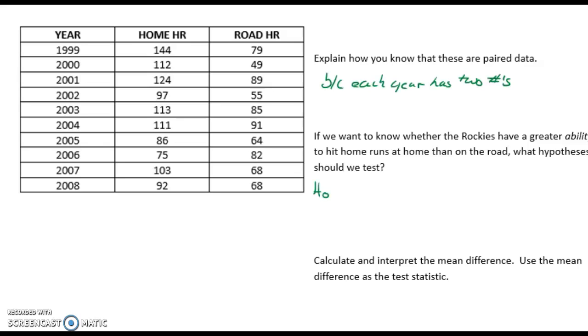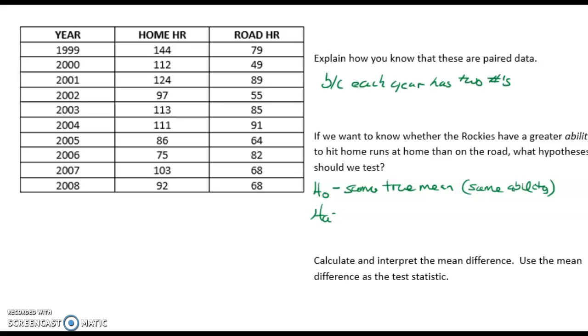So let's go back to the null and the alternative. For the null, you would be wanting to say something like they have the same true mean, or basically the same ability, no matter where they're at. And then for the alternative, you'll be looking for evidence, evidence being p has got to be less than 0.05.